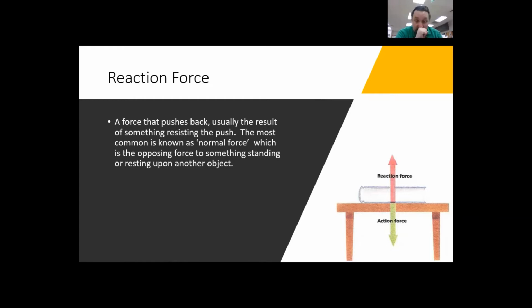This can be forces like normal force, which is the force that pushes back up on you as you're resting on something, or it can be equal forces like when you are playing baseball and you hit the baseball with the bat, you can feel the bat lurch backwards as you're applying force to the baseball. The bat is being pushed back. Reaction force is that equal and opposite force when you're applying a force.